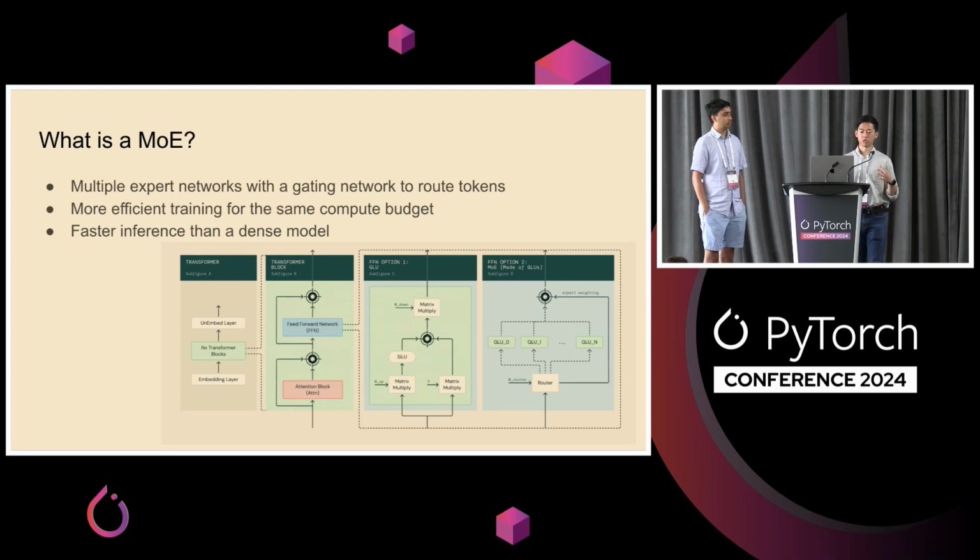There are different design choices that come with MoEs too, like how many experts you should have, or how many experts you should route a token to, known as top-k, that are design considerations you need to take into account when balancing training and inference trade-offs.